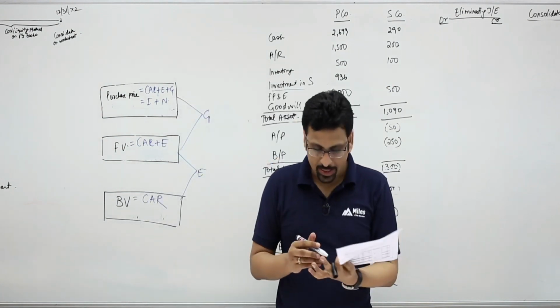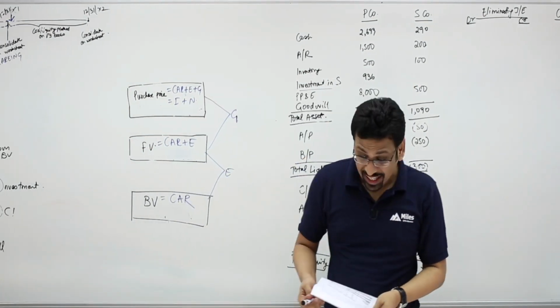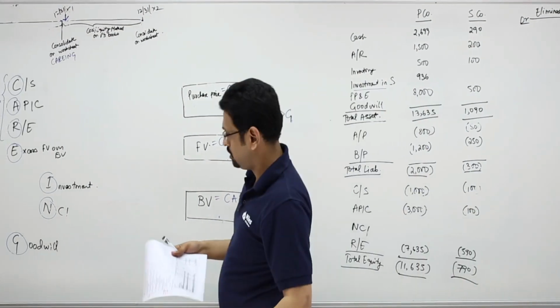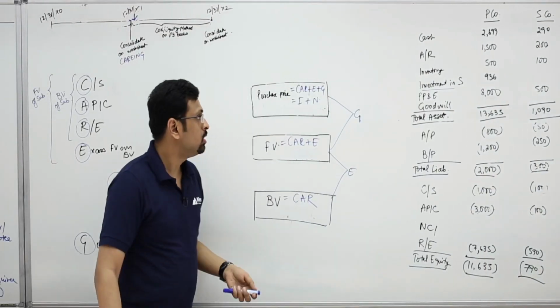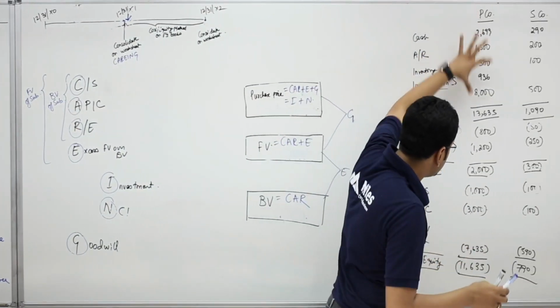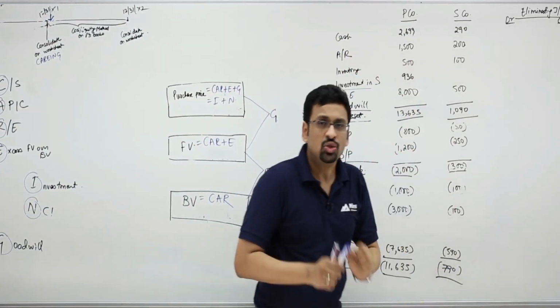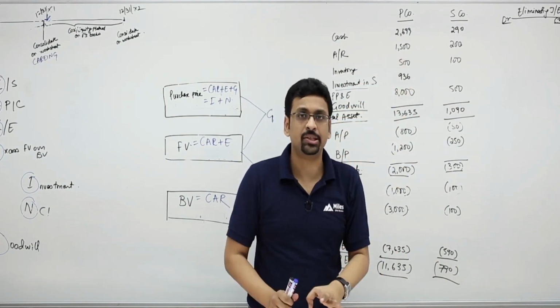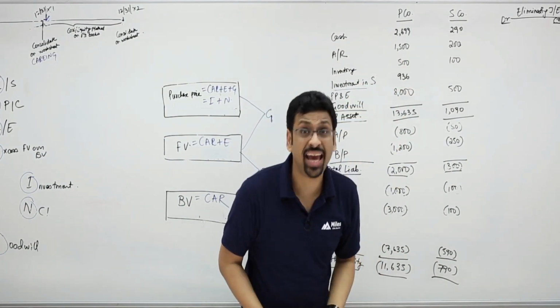Now let's get to the carrying journal entry. Now guys, once again back here. So you got the parent's financials and the subsidiary's financials. Assume you're given these numbers on your CPA exam. Now you got to prepare the carrying journal entry.